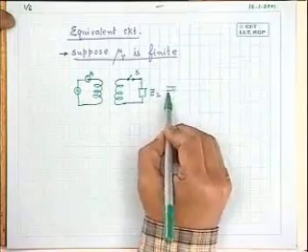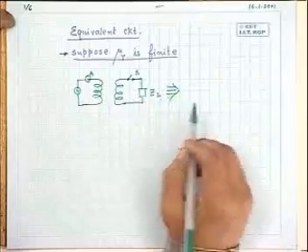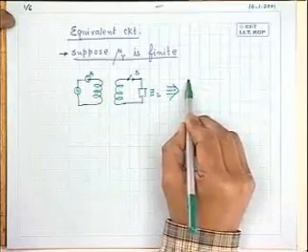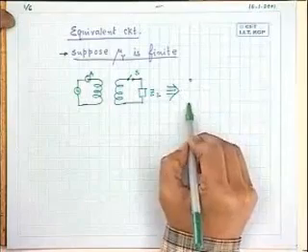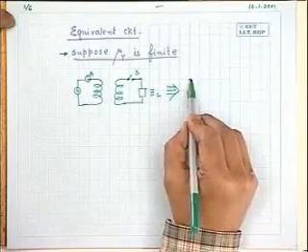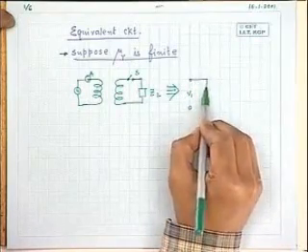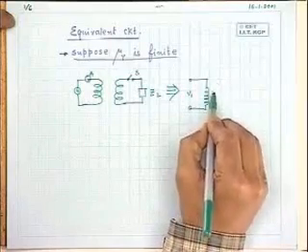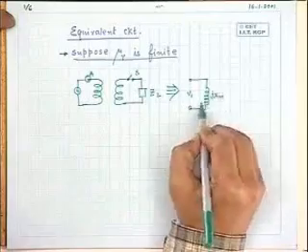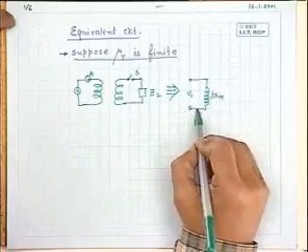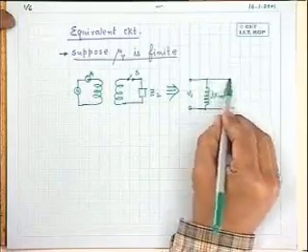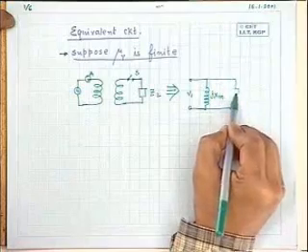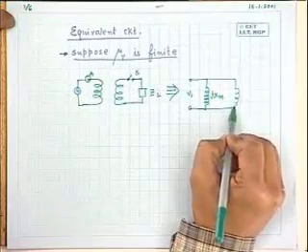The equivalent of this one can be like this: this is the supply, and then you connect a reactance, which is not to be confused with the winding of the transformer, and then the ideal transformer is present.